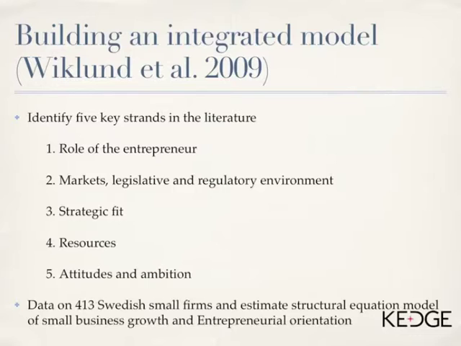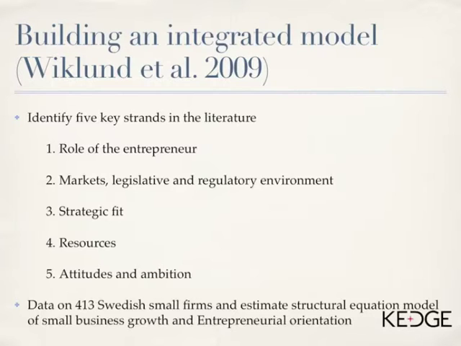So this is not just about enterprises and markets. They also identify that markets, legislative and regulatory environments are also important, as is the strategic fit between the firm and the wider market conditions. Fourthly, they point to the resources of the firm, again super important for high growth development, and the attitudes and ambition of the entrepreneur.